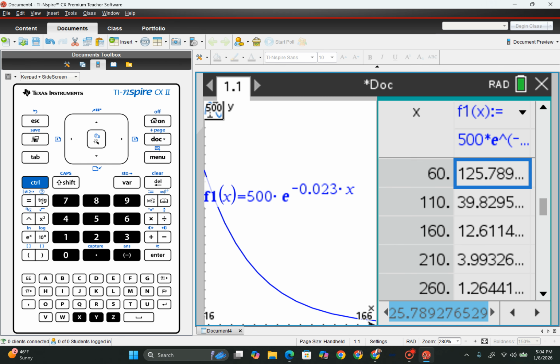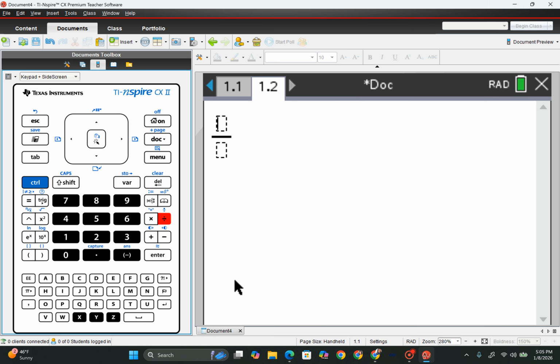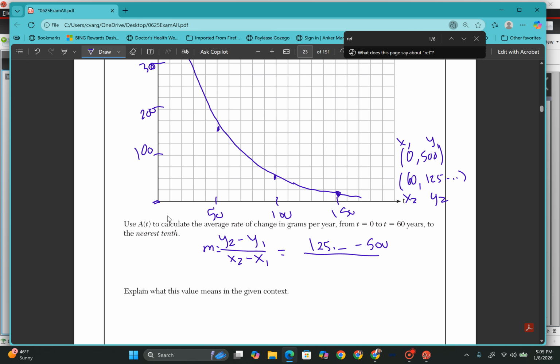I go Control Division to get my fraction bar. Remember our y2 minus y1. This is our x1, this is our y1, this is our x2, this is our y2. So I'm going to do that 125 point something minus 500 over our x2, which is 60 minus 0.